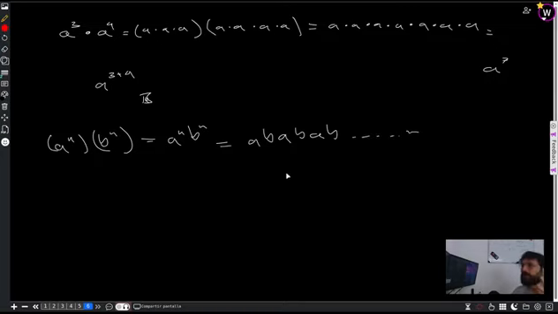If we then use the associativity rule, we would have all of our a's on one side, all of our b's on the other side. We would have n a's here, and n b's here. So you see a to the n, b to the n.